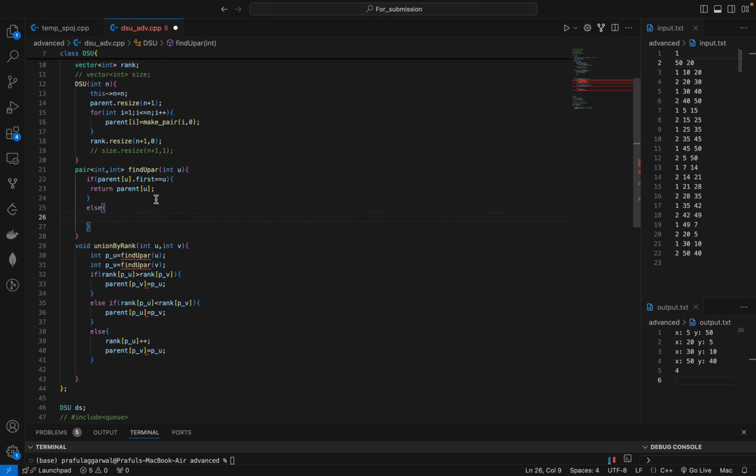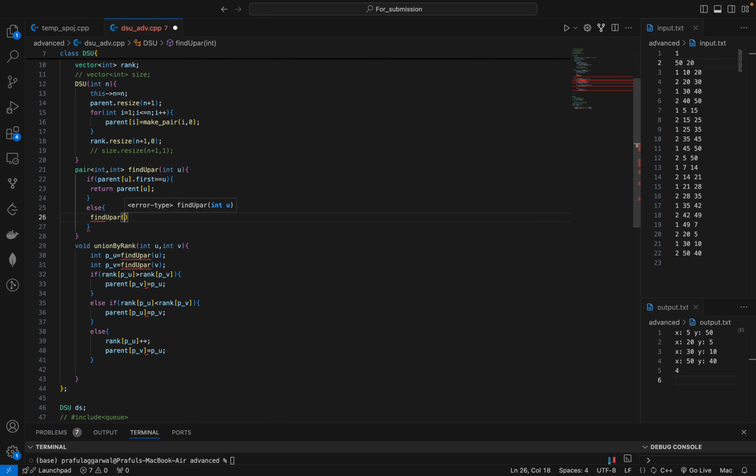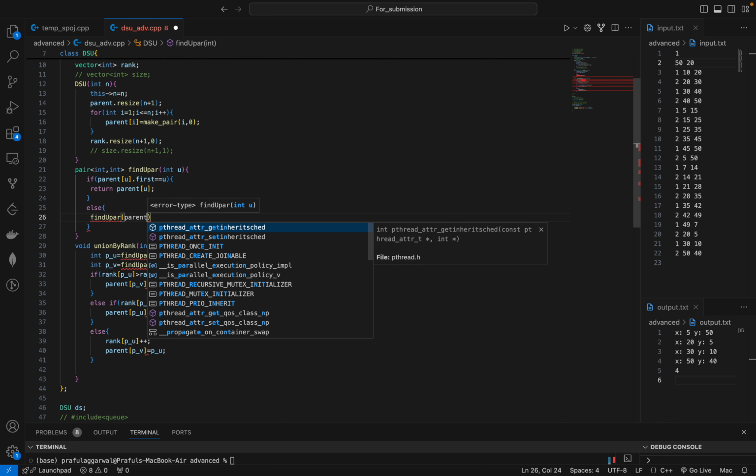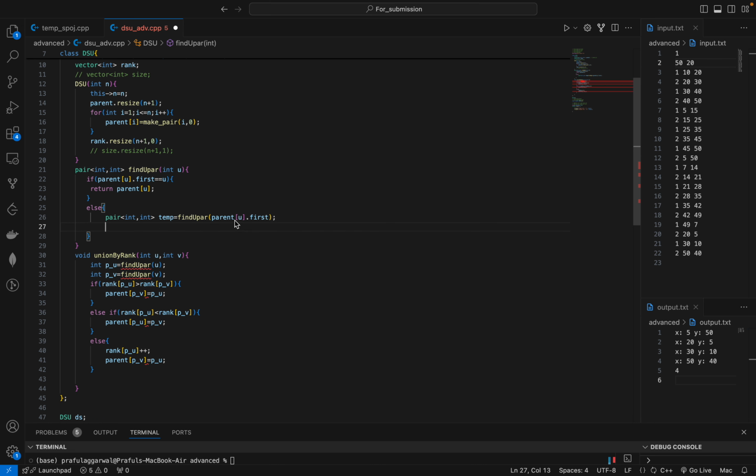And what should we do in a general case? Imagine the parent is not equal to u, so obviously we will find the parent of parent, so we will do that using this. Now this will help us find the parent of parent. And now let's store this parent of parent in a temp. We will discuss why.